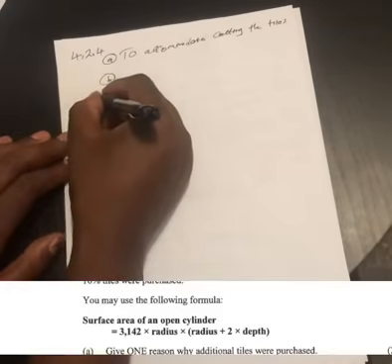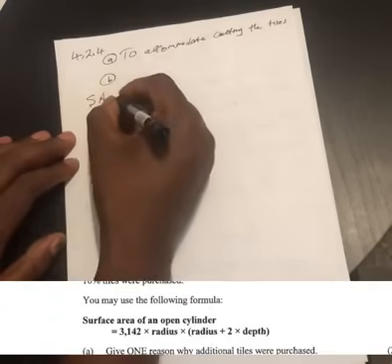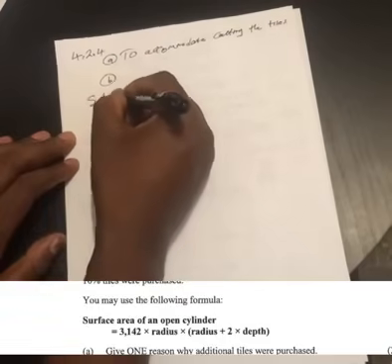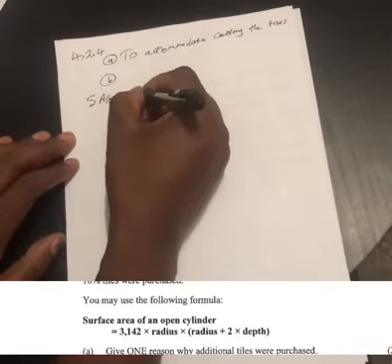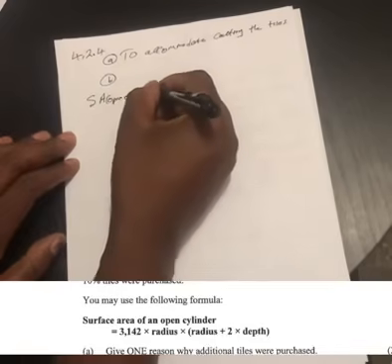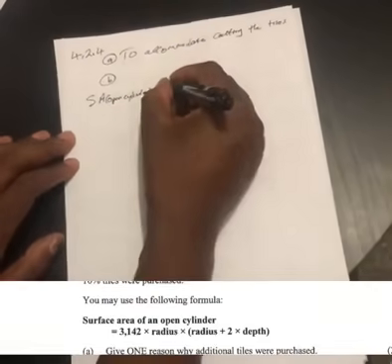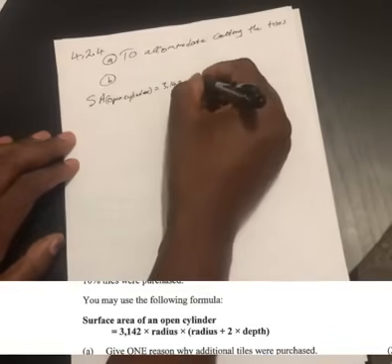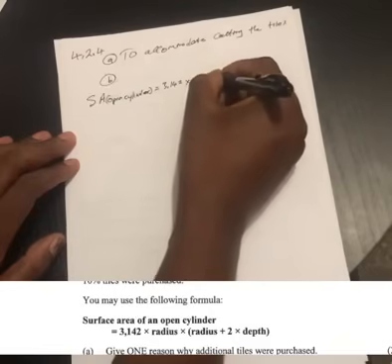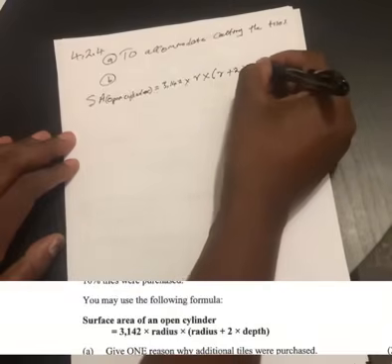We are going to say surface area of open cylinder is equal to, I'm always encouraging you to copy down the equation before you do the calculation, which is 3.142 multiplied by radius multiplied by, open the bracket, radius plus 2 multiplied by depth.